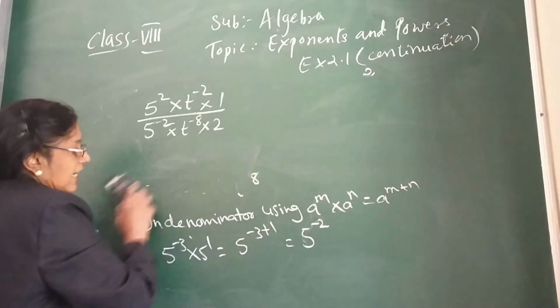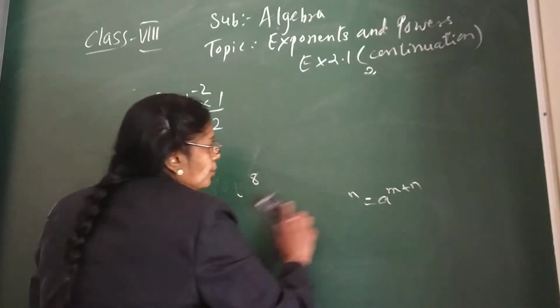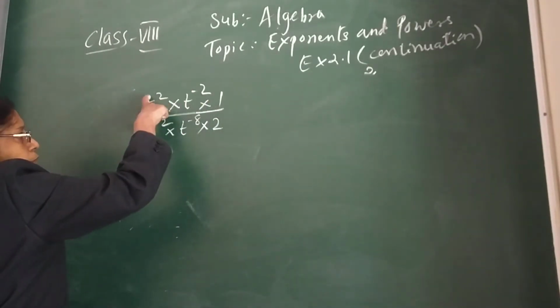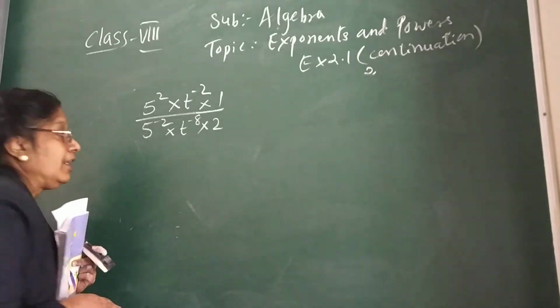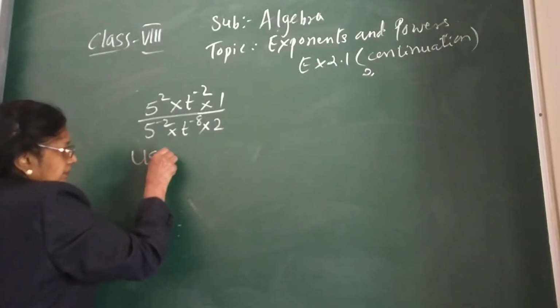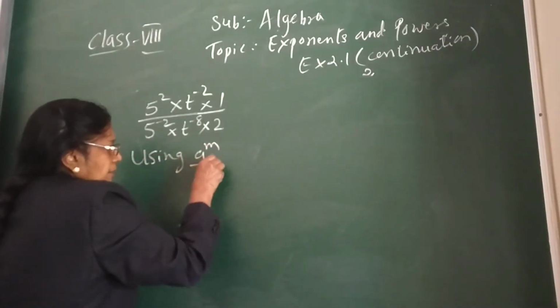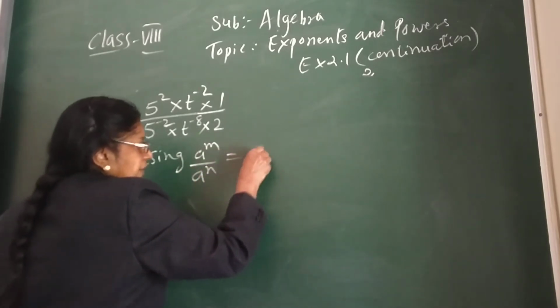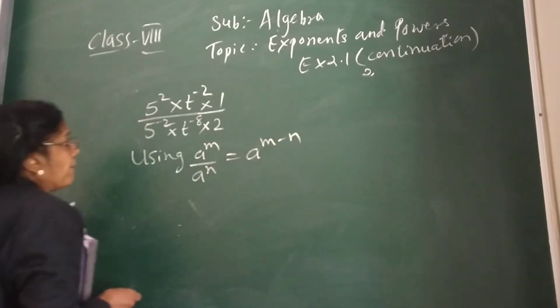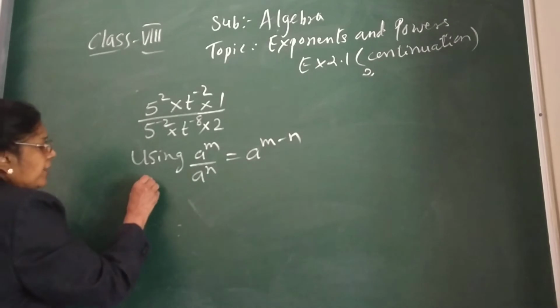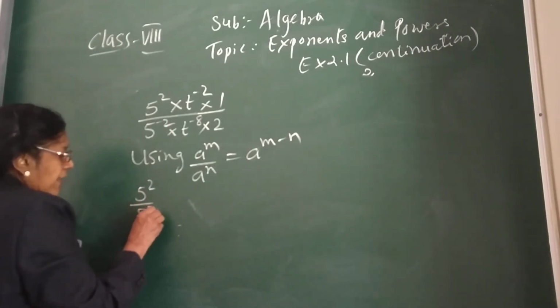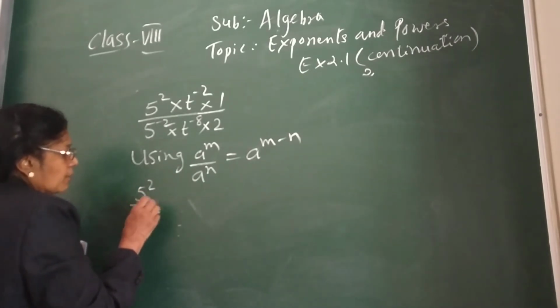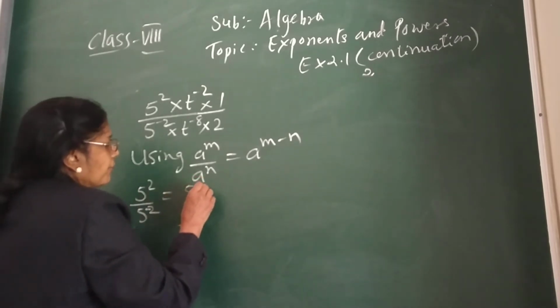Now you see, again for these two I have to use the second law, a to the power of m divided by a to the power of n is equal to a to the power of m minus n. So 5 to the power of 2 divided by 5 to the power of minus 2 is equal to 5 to the power of 2.